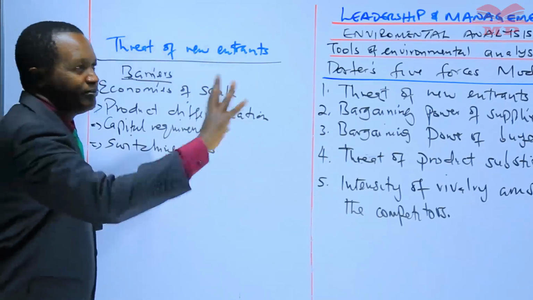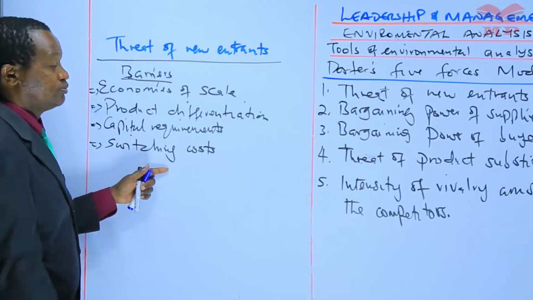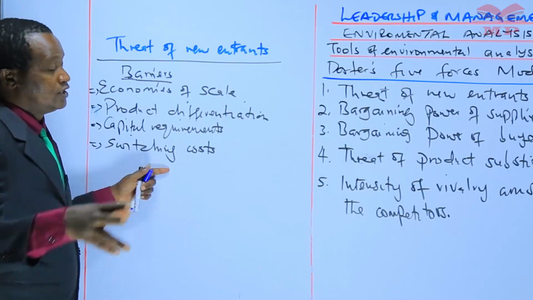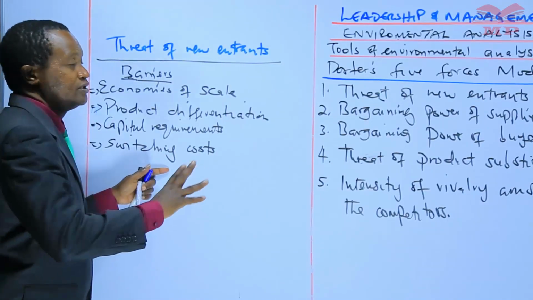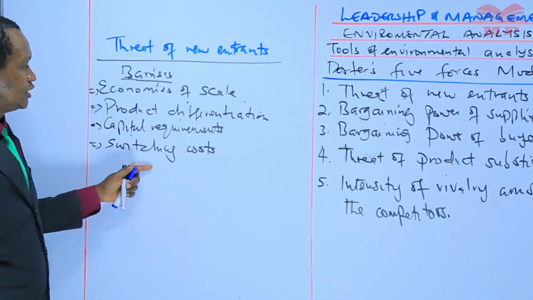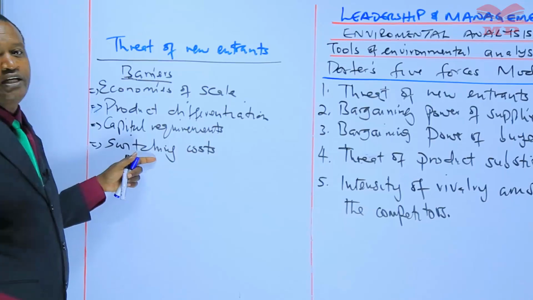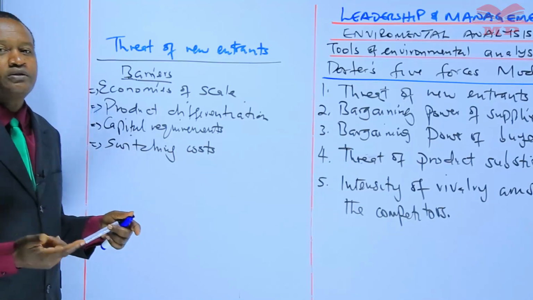If you are buying a new machine that employees have never used before, you may be required to incur such costs, which we are calling switching costs, which could be a barrier to entering a given industry.